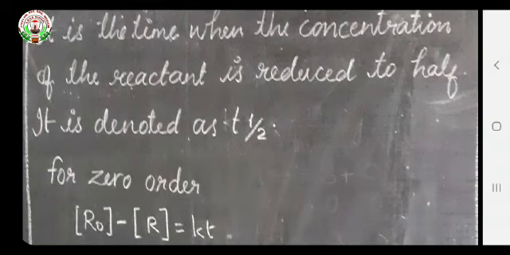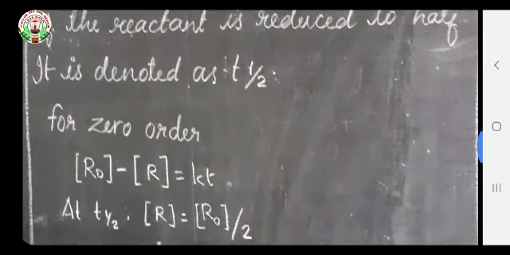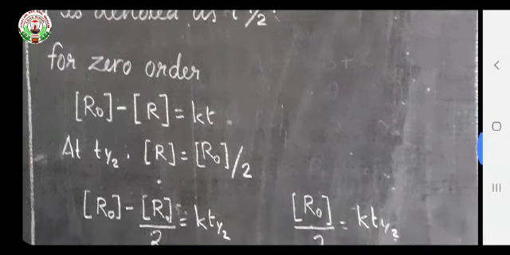Here first we will do the half-life period for the zero order reaction. The integrated rate law expression for the zero order is concentration of R naught minus concentration of R is equal to KT. For the half lifetime we take T half, in which the concentration of R is reduced to R naught upon 2. We have taken the value of concentration of R as R naught upon 2.